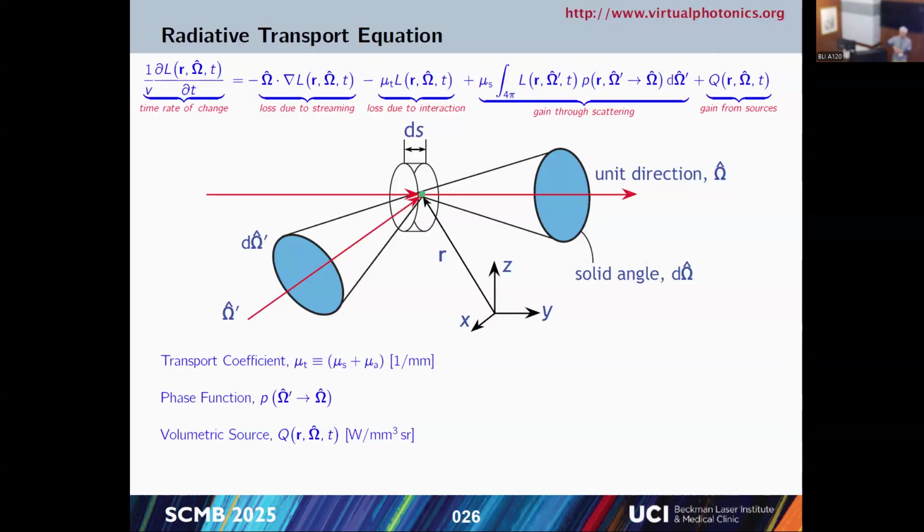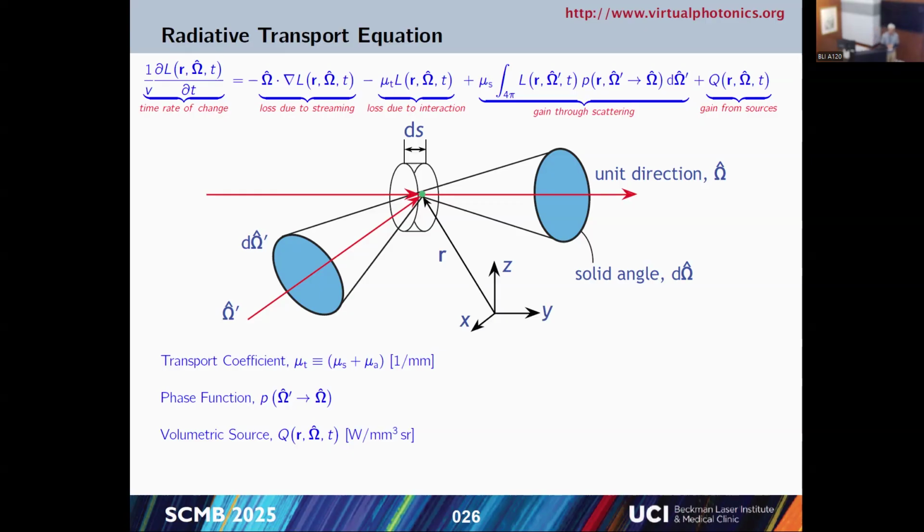So it could either be the source of the light that's changing with time, or it could be your optical properties, or the spatial arrangement of scatterers is changing with time. So you can have a version of this equation independent of time. Yes, absolutely. Just remember the time derivative. Yes, absolutely. Okay. Good questions. Any other questions?